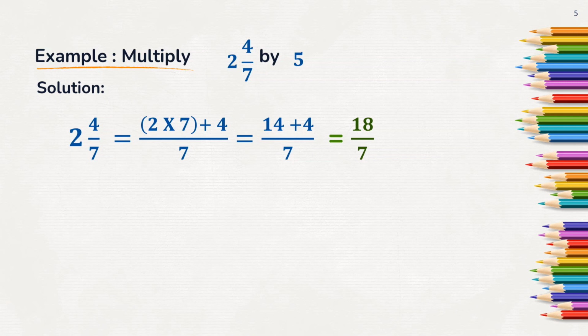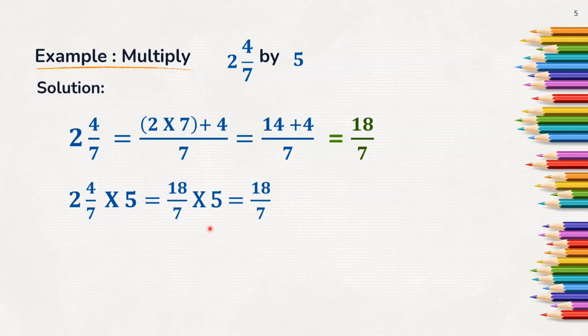So here we converted the mixed fraction into an improper fraction. Next step, we'll have to multiply the mixed fraction by the whole number, that is 5. So 2 4 by 7 into 5 is equal to 18 by 7 into 5.